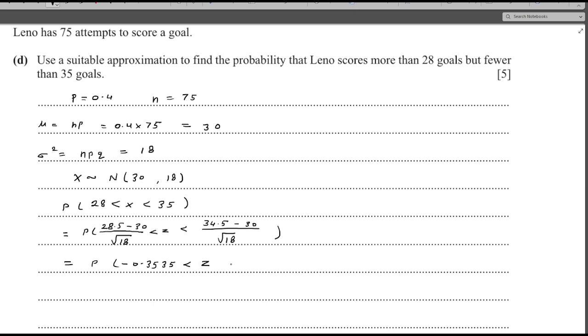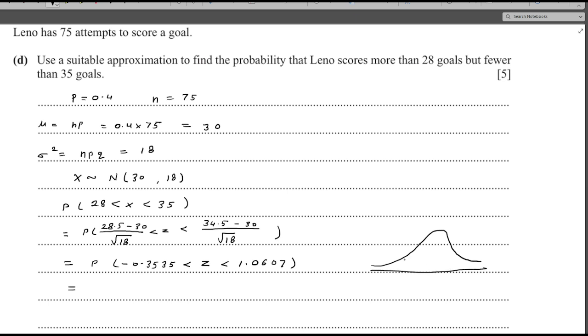So Z is more than this and less than 34.5 minus 30 divided by root of 18, which is equal to 1.0607. Okay, so now diagrammatically, this is your normal diagram.